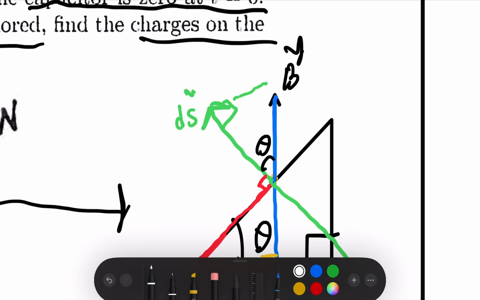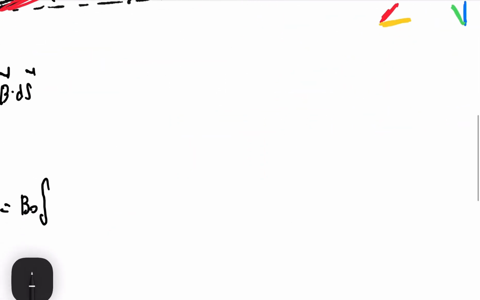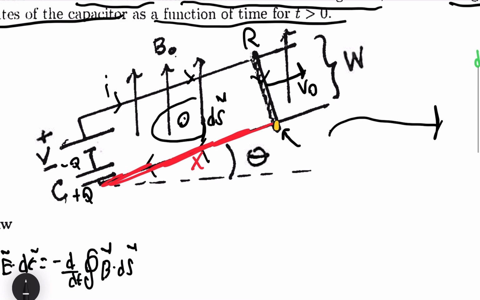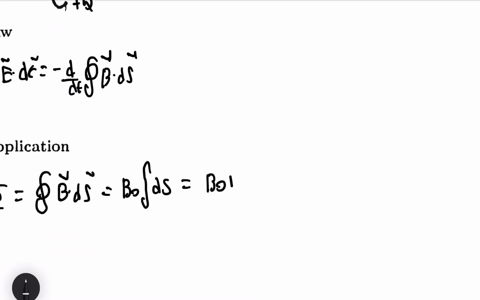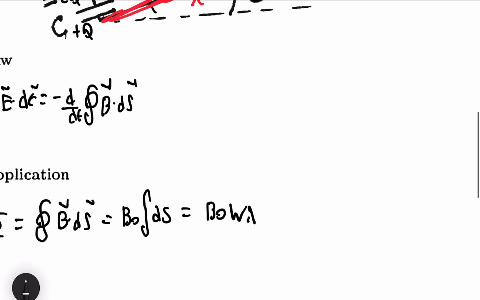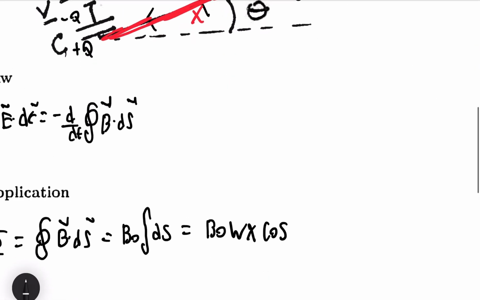I'm going to need the cosine component of ds pretty much. So then my area, which is going to be B naught, it's going to be w, because w stays constant. But then x is changing. So I'm going to have wx. And then the plane's at an incline, so it's going to be cosine theta.